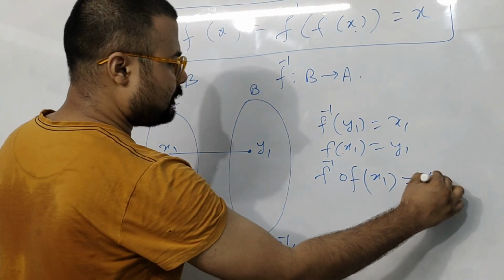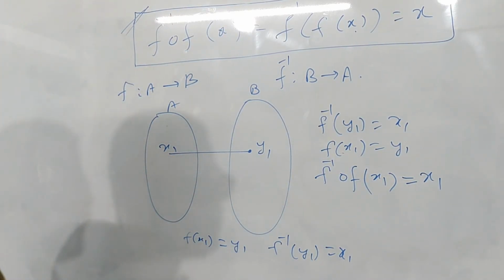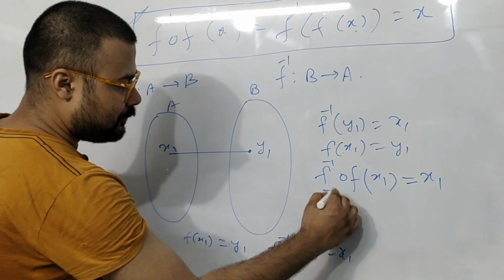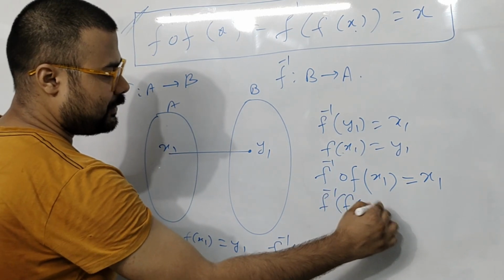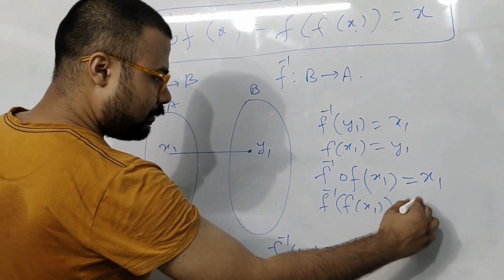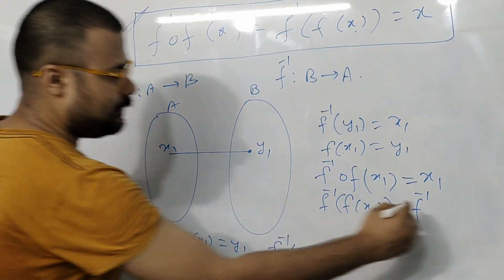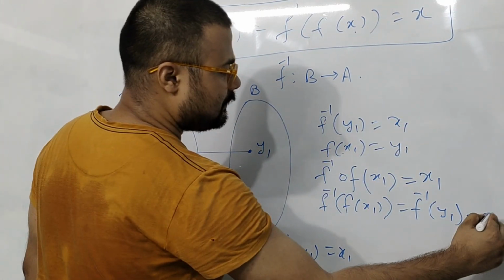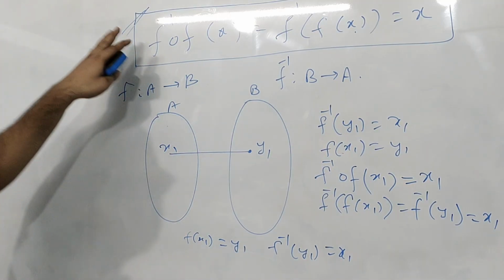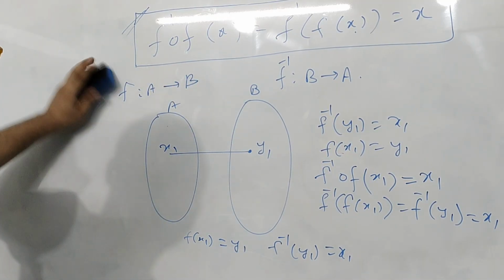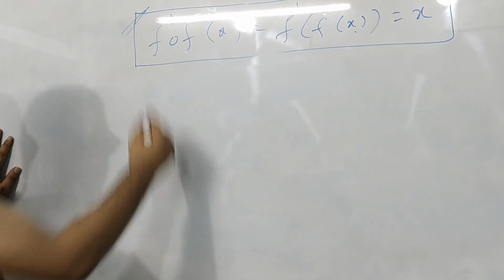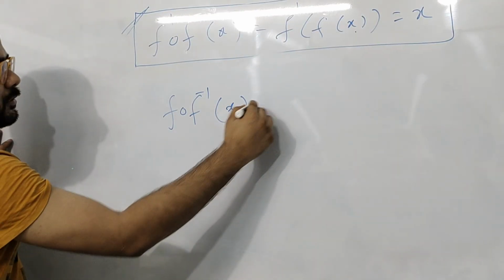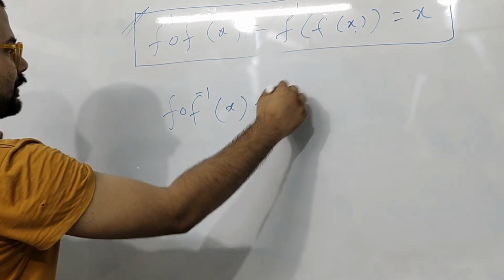This will give you x1. See how? Because f inverse of f of x1: f of x1 is y1 and f inverse of y1 is x1. So whether you go this way or that way, both are going to give you an identity function only.